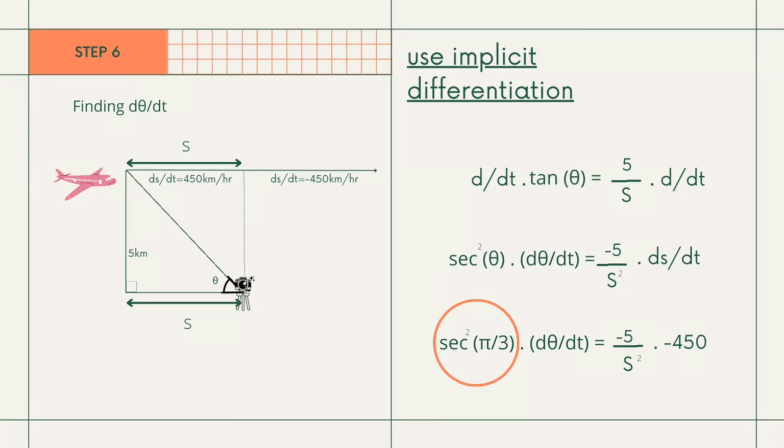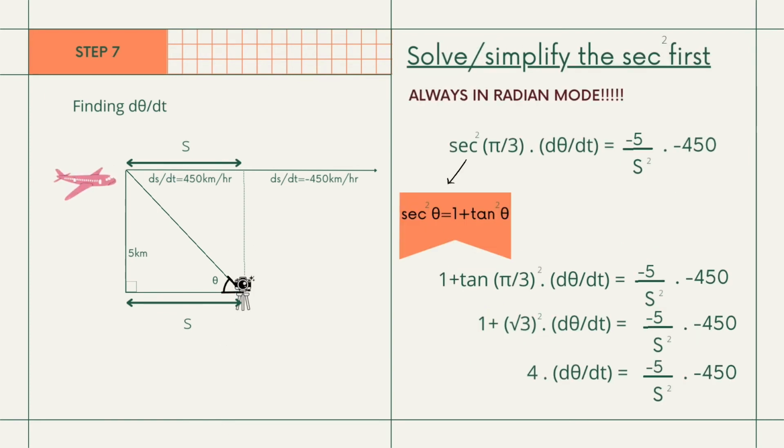Okay, notice that we have already circled secant squared pi over 3. We're going to simplify secant squared pi over 3 to 1 plus tangent squared pi over 3. Remember that secant squared theta is actually 1 plus tangent squared theta. So it's going to be 1 plus tangent squared pi over 3 times d theta over dt equals negative 5 over s squared times negative 450.